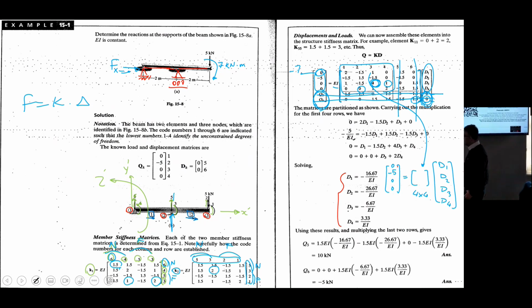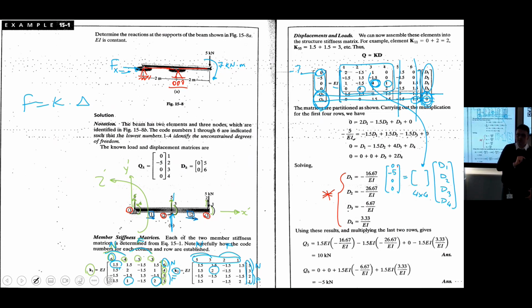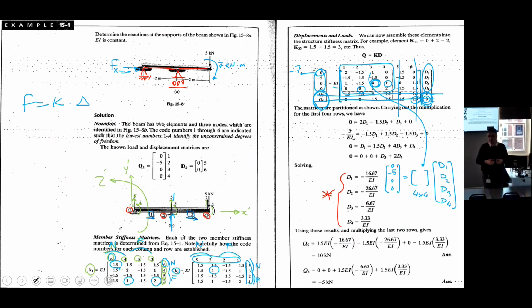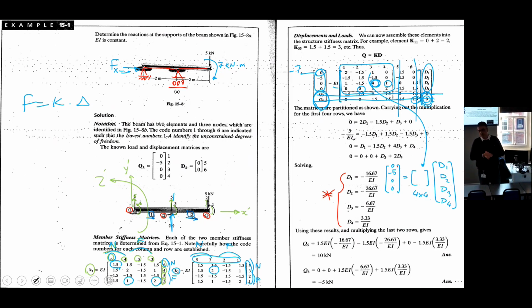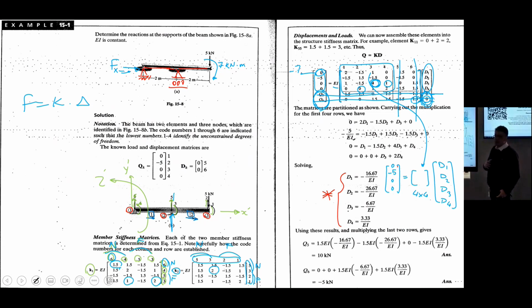When we come to this point, the problem is solved in terms of deformations. It means that we know exactly how the structure deforms. What you really need, if you want, is probably support reactions and internal forces of elements.